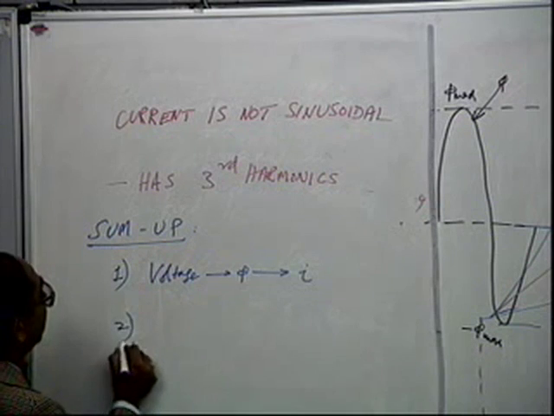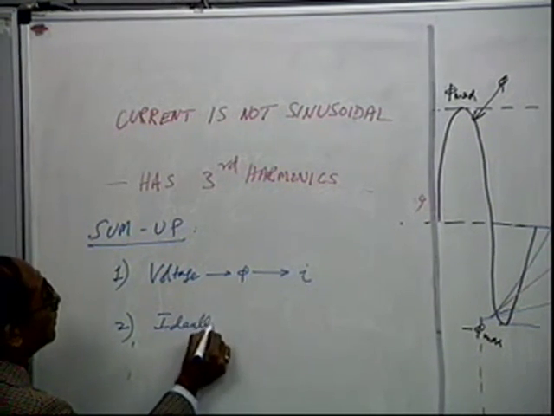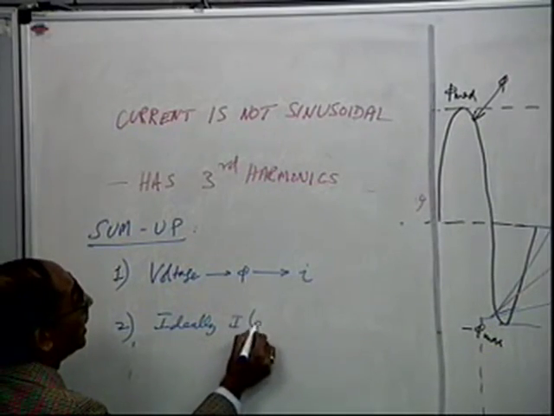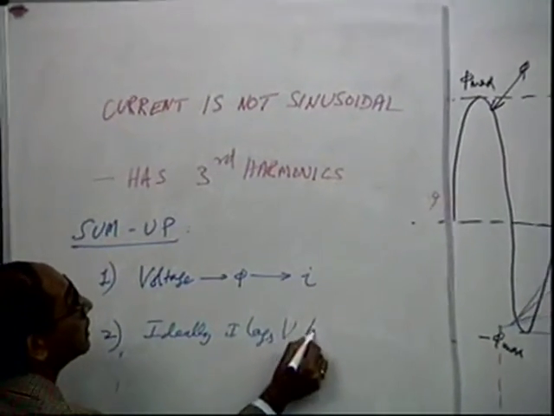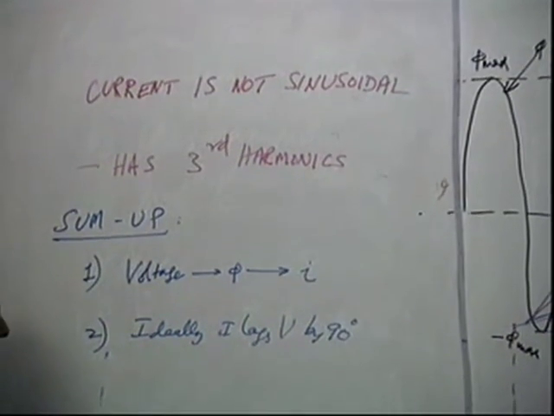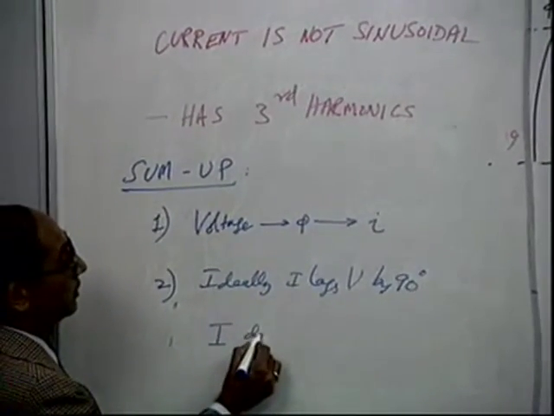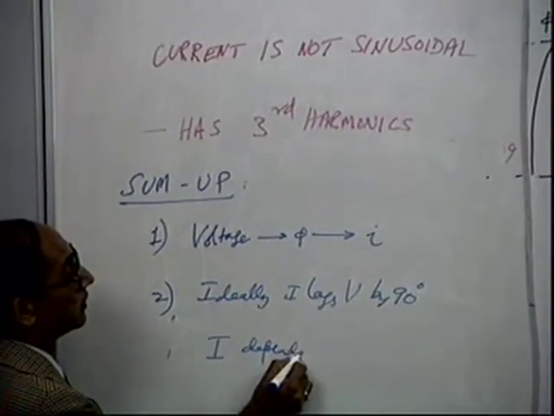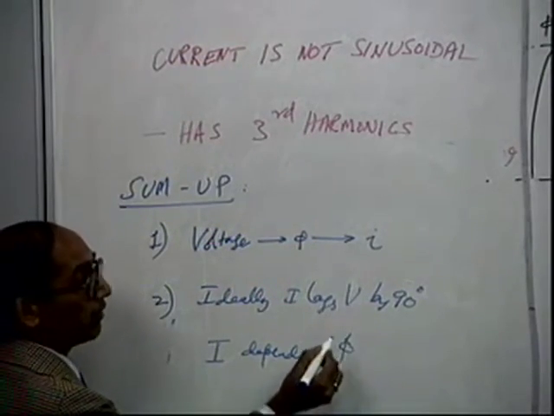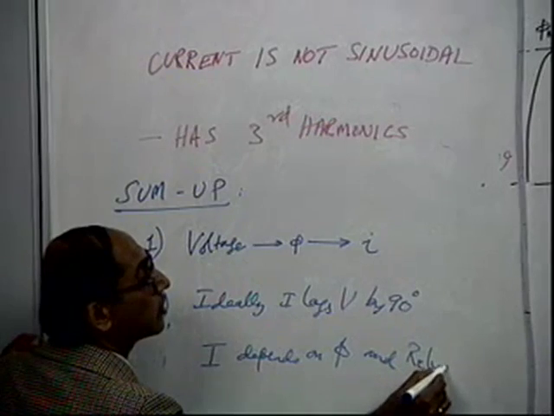And number two, ideally I lags V by 90 degrees, and I depends on the required flux and the reluctance of the path.